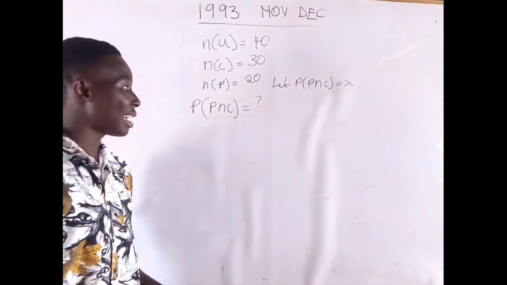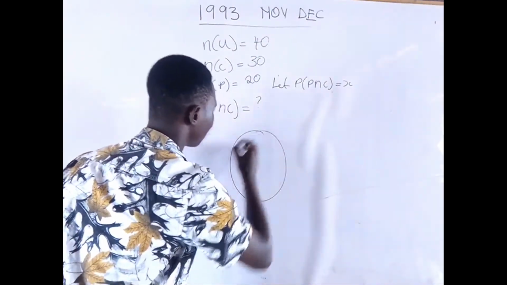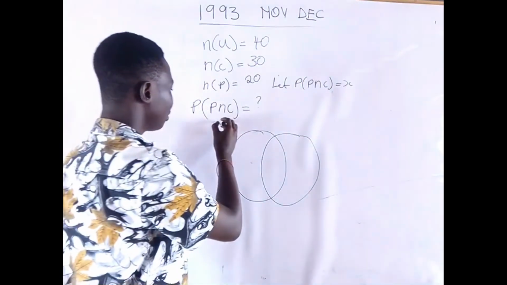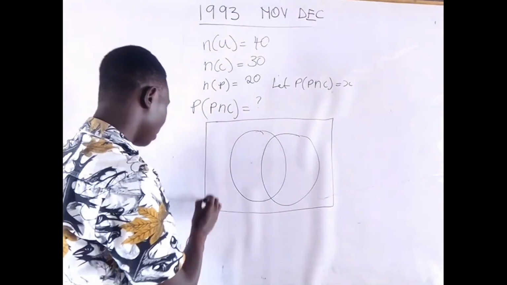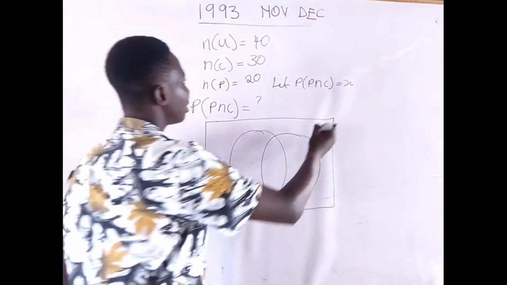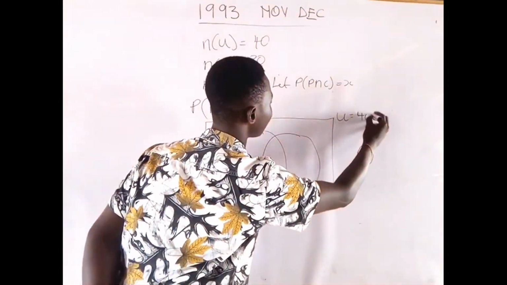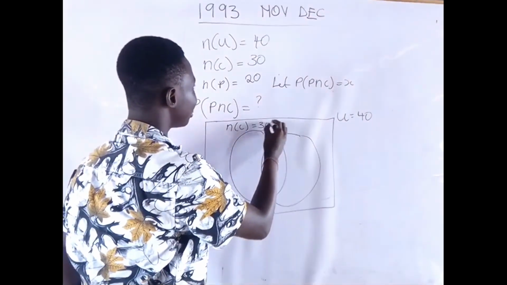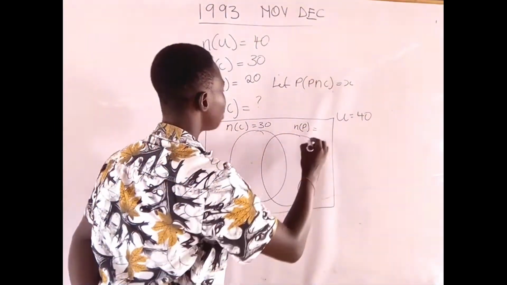So now let's draw a Venn diagram. Total students equals 40. Chemistry equals 30 and physics equals 20.